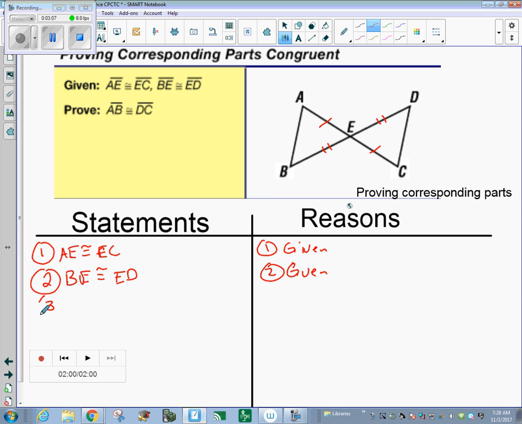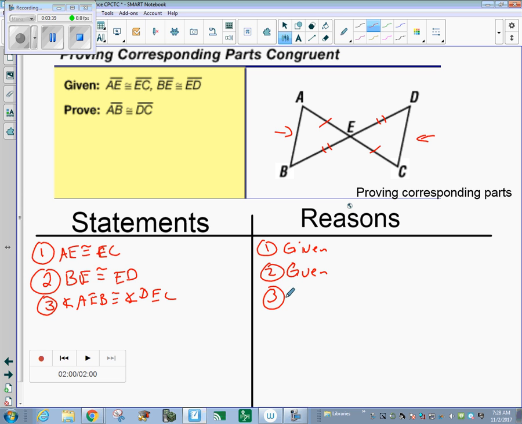So at this point, you may notice that we have two sides again, and we're trying to prove AB and DC are congruent to each other, but we don't know any information about them. So the first thing we need to do is get these triangles congruent. And as I look at this, I see some angles that are congruent here at E. So we have angle AEB is congruent to angle DEC.